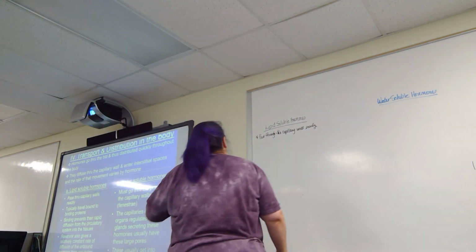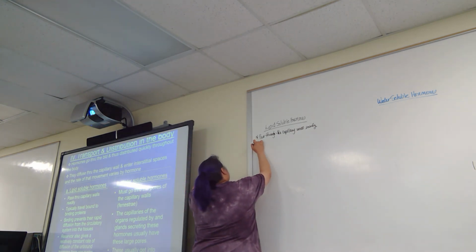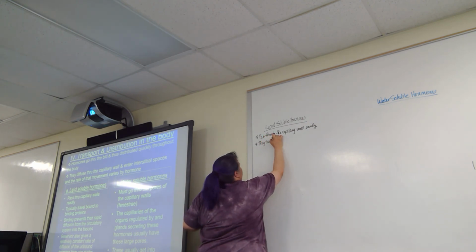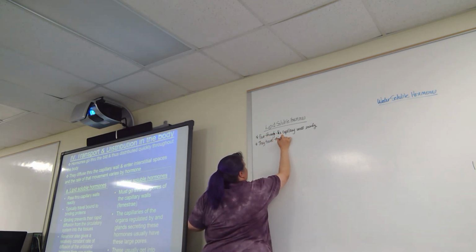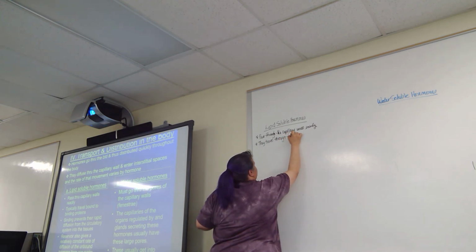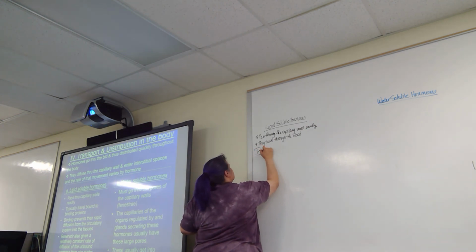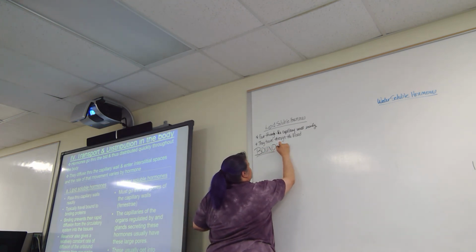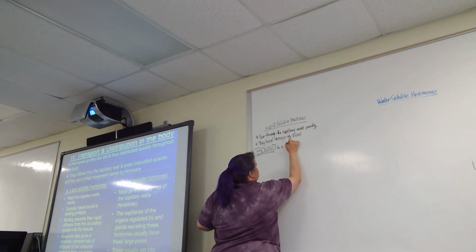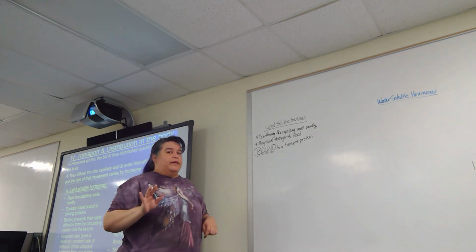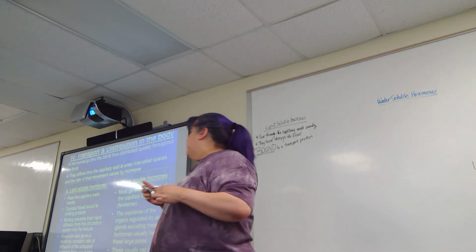So when we talk about the lipid-soluble hormones, they travel through the blood bound to a transport protein. They don't just float fancy free in the blood. They have to be bound to that transport protein.